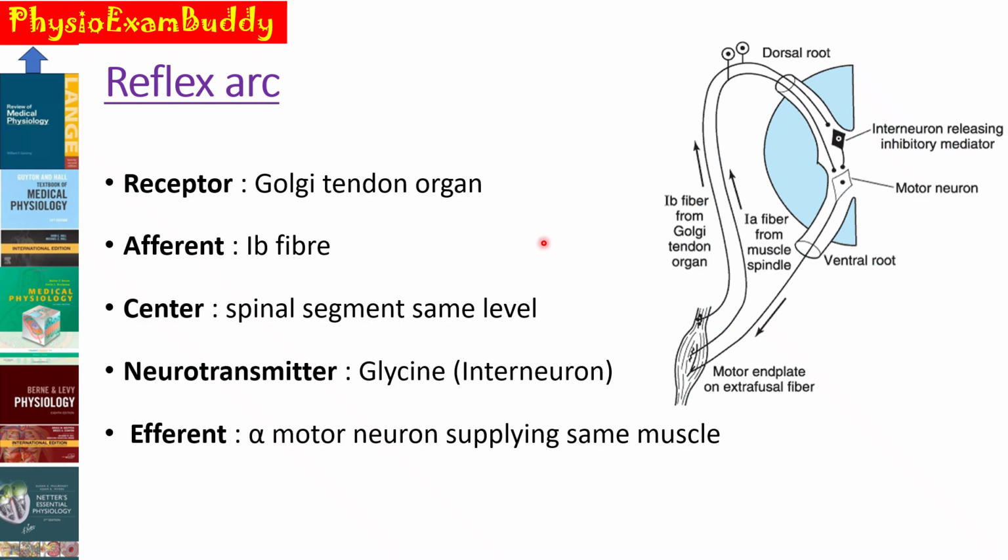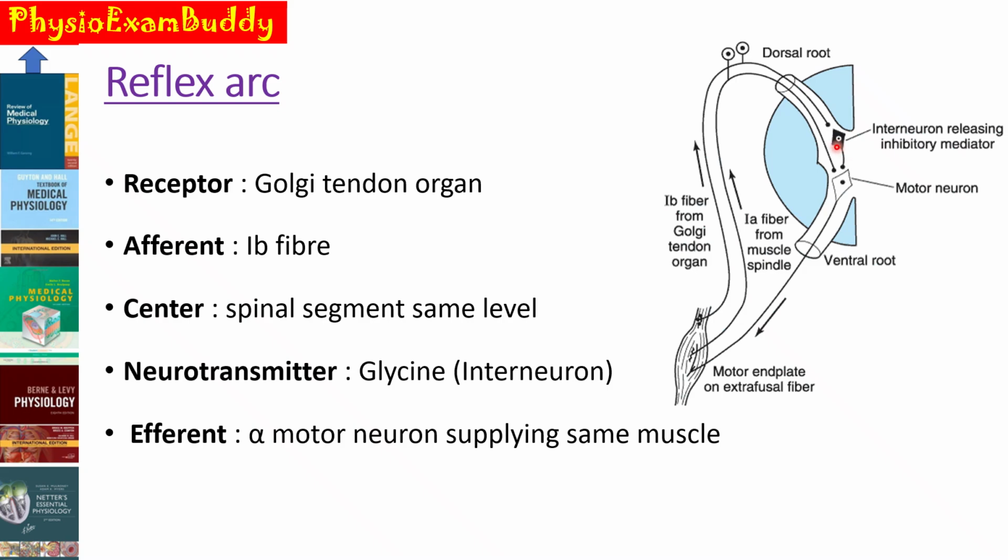Next is the reflex arc of the inverse stretch reflex. Here, the receptor is the Golgi tendon organ, which is present in the tendon of the skeletal muscle. From there, the afferent is carried by the 1B fiber into the center, which is a spinal segment of the same level. In the inverse stretch reflex, there is an interneuron present in the same level of the spinal column.